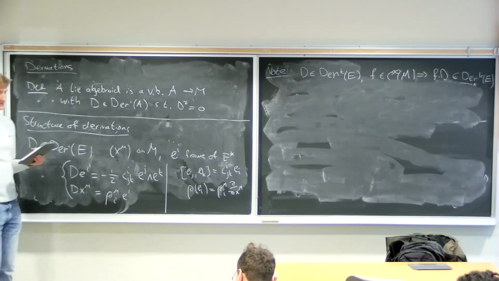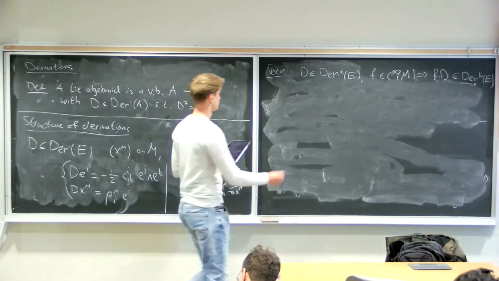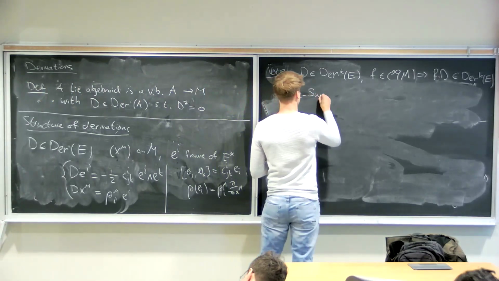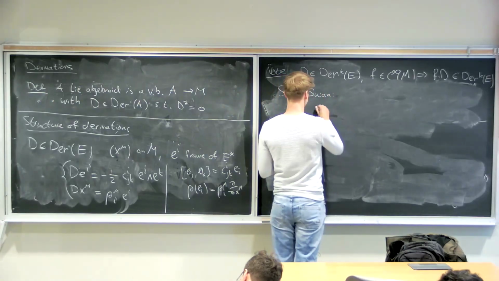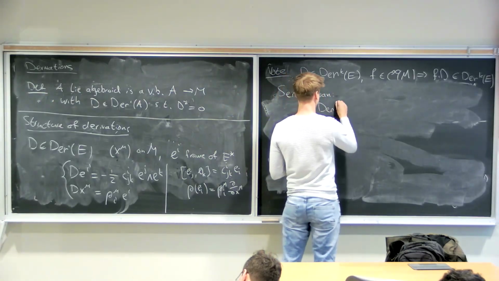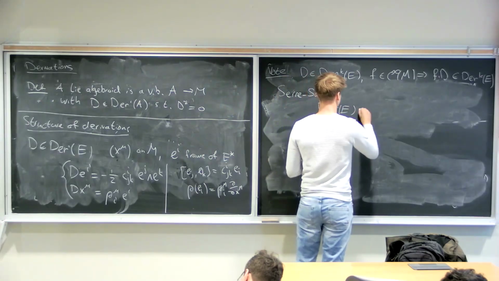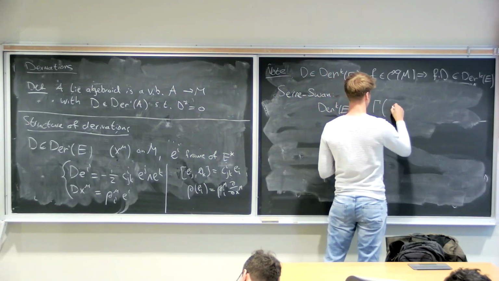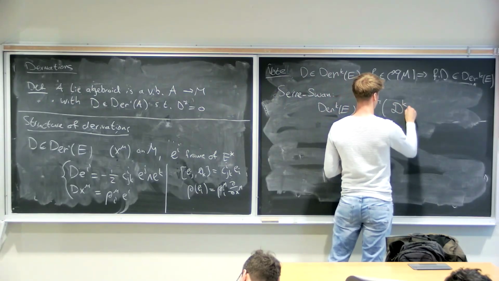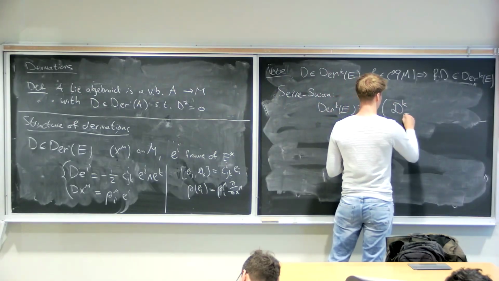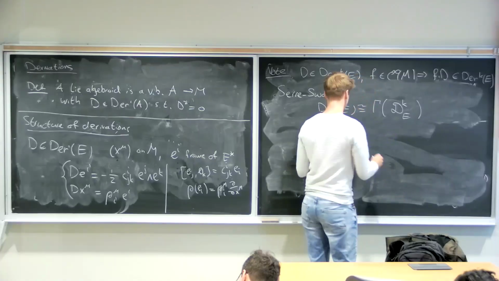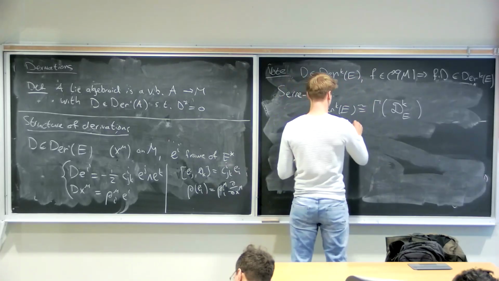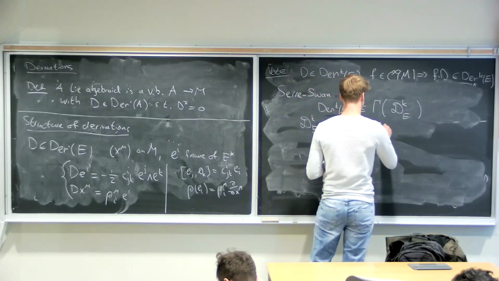So the Serre-Swan theorem tells us the set of k derivations is isomorphic to the sections of a vector bundle, curly D^k of E, where D^k E over M is a vector bundle.